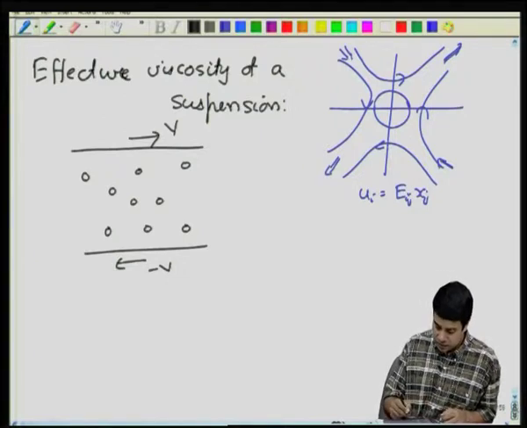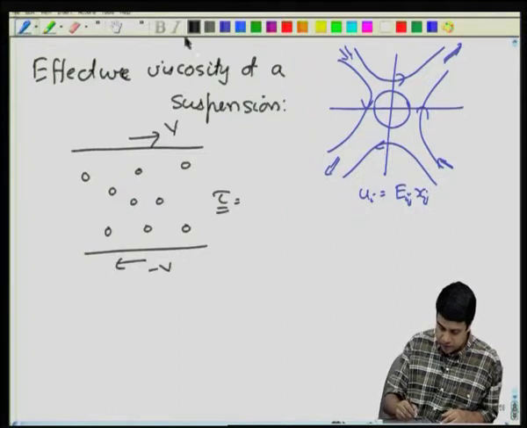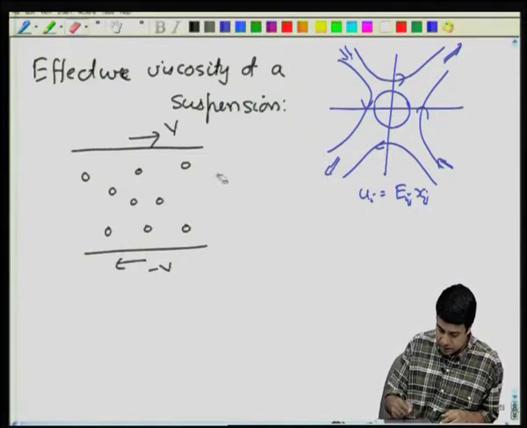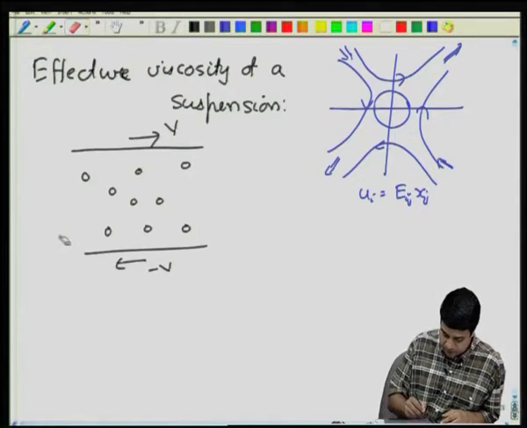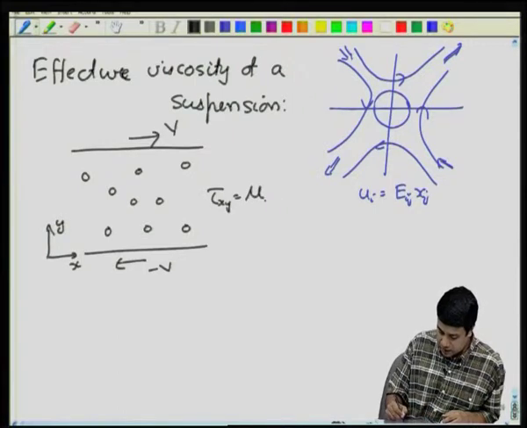So, the stress will be equal to, or in this case, since it is 2 dimensional, let me just take an x y coordinate system. Tau x y is equal to some viscosity, I will call it an effective viscosity, times partial u x by partial y.